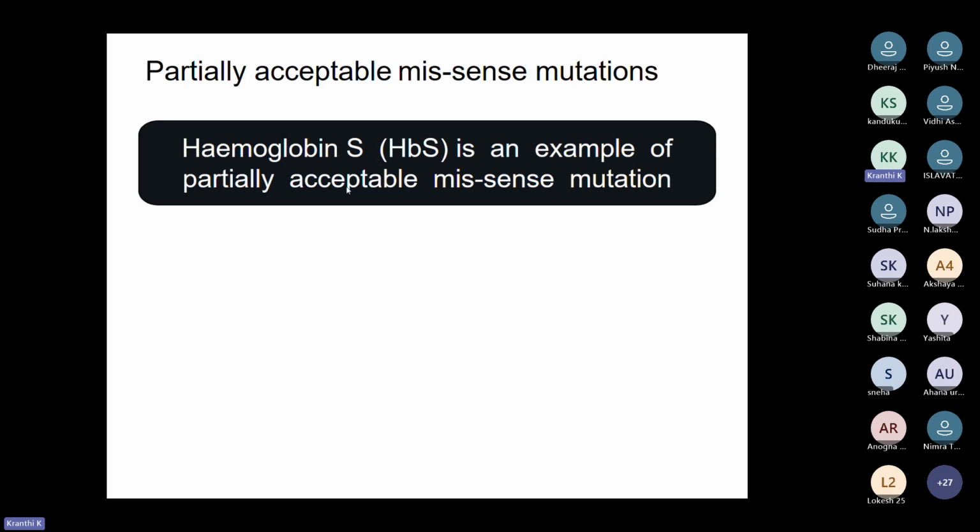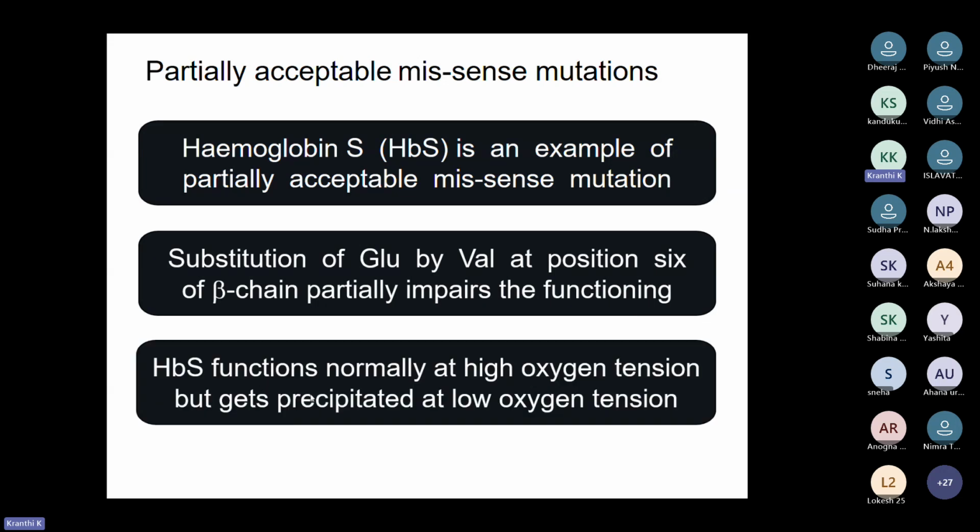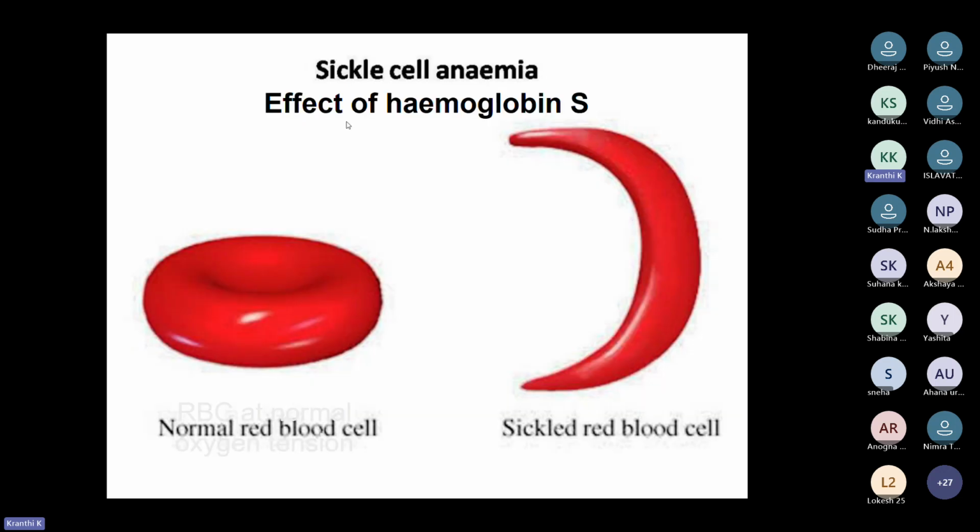But partially acceptable is, you know about this one, this is very important, right? Hemoglobin S. What is the hemoglobin S here? Substitution of glutamic acid by valine at the sixth position, which may cause, I think you know this one, sickle cell anemia, right? See, HbS functions normally at high oxygen tension, but gets precipitated at lower oxygen tension, right? That is the sickle cell. Will the people die with the sickle cell?